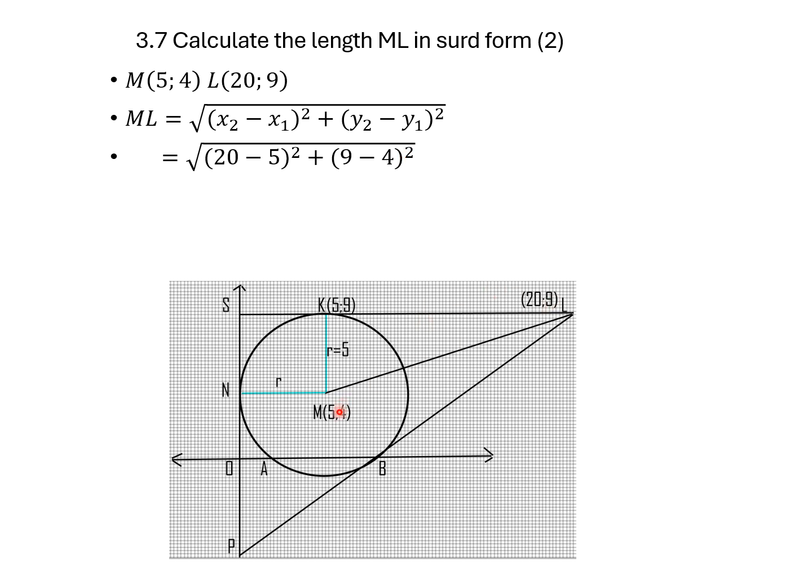So 20 minus 5, 9 minus 4, it's giving me 15 squared, which is 225, plus 5 squared, which is 25. 25 plus 225 gives me square root 250, and that simplifies to 5 square root 10. That's the length of ML.